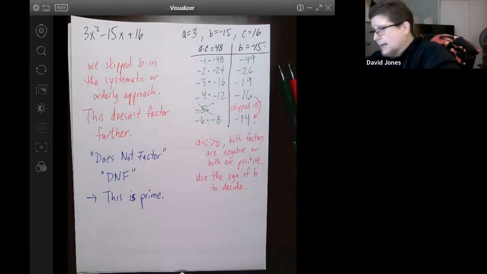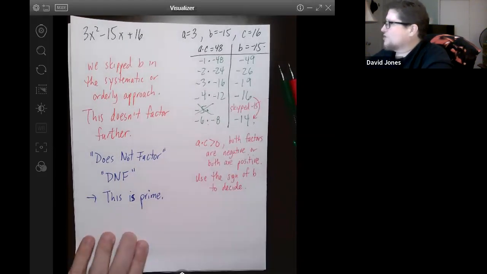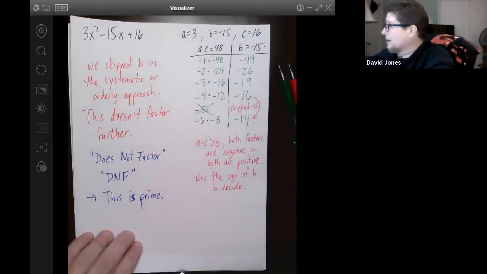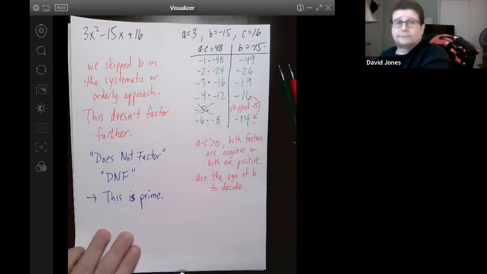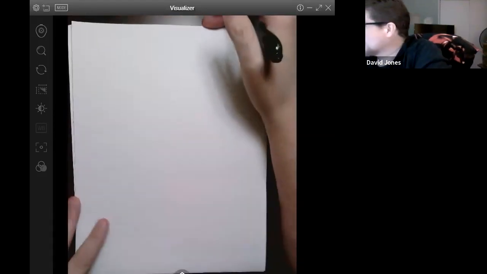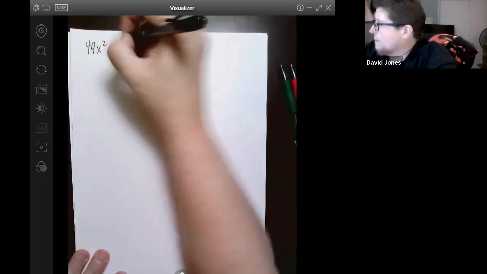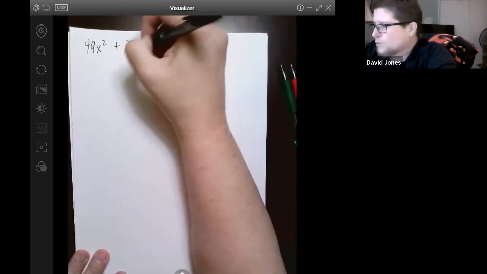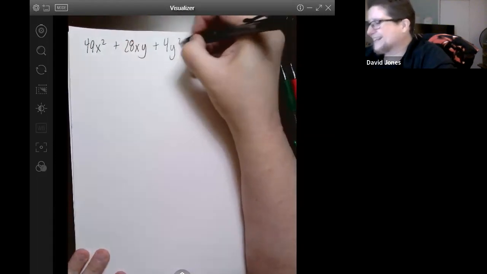Okay. Another one that they'll try to show you, they'll try to throw some tricky stuff at you. So let's do the tricky stuff here so you know what's coming. Let's go with 49x squared plus 28xy plus 4y squared.